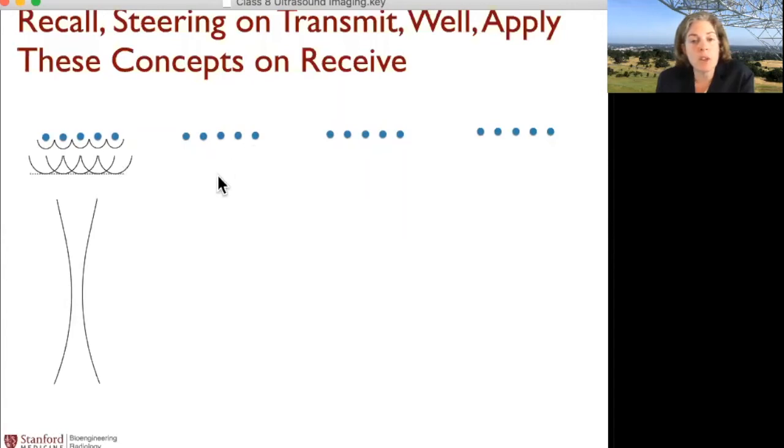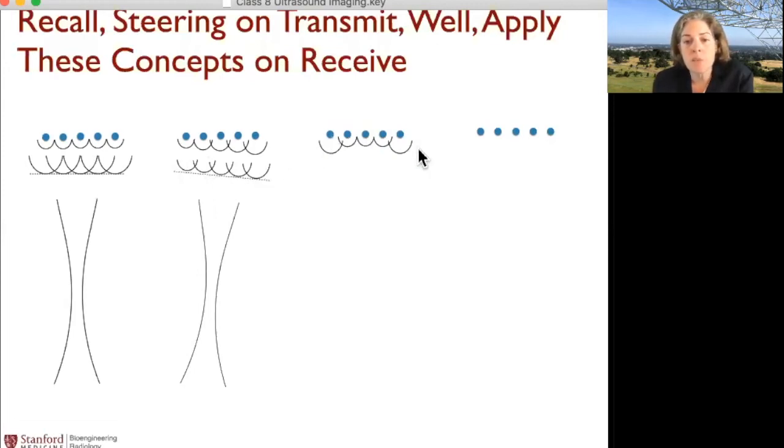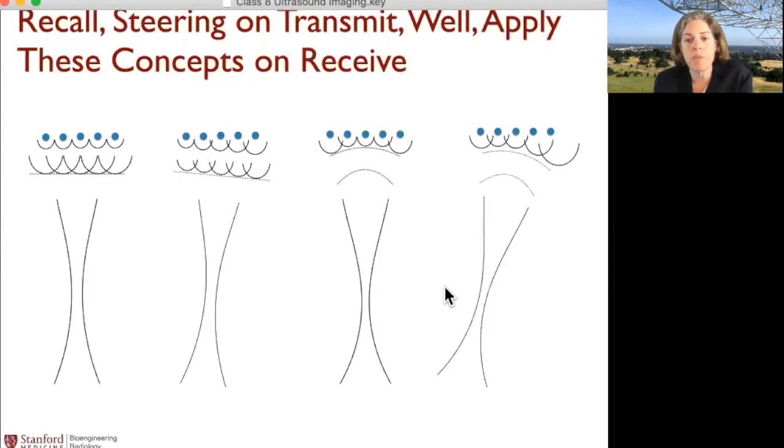You can steer the beam to the side by adding a linear phase, so that there's a linear angle to the wavefront that steers it to the side. You can also have the wavefront follow a circle and it's naturally going to get focused, and now you're going to see a thinner beam. Then you can apply those together. So that gives you different beams in different directions.